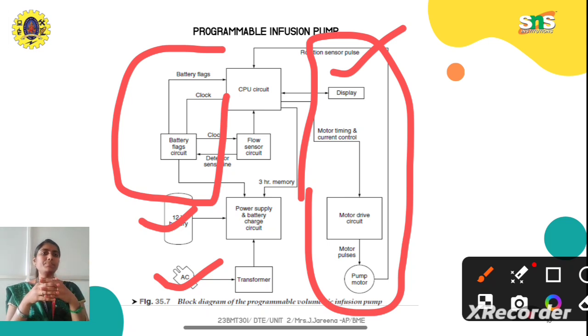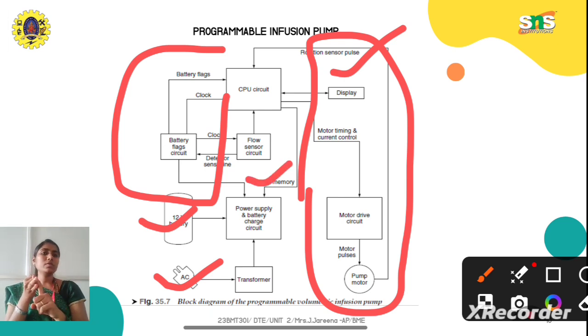Okay, so next is the CPU unit. As I said before, the CPU unit is one of the main components that acts as the brain of the infusion pump, where the decision making happens. The battery status is sent to the CPU unit, and additionally you have a flow sensor circuit.